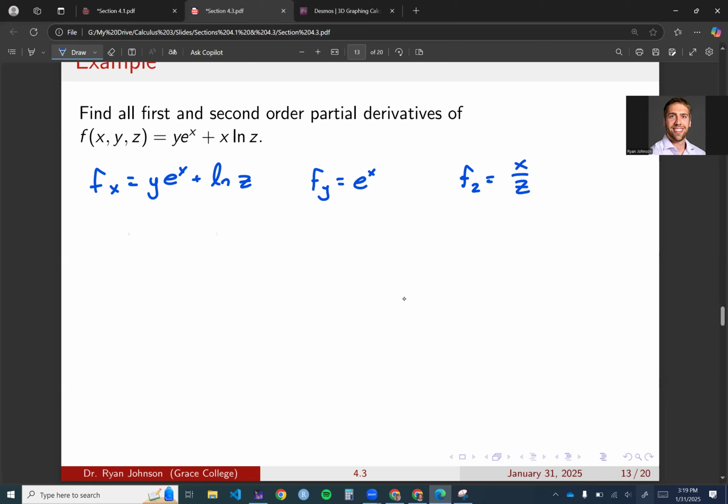Okay. So then if I'm finding f_xy, I could start here and take the y derivative, or I can start here and take the x derivative. Either way, I get e to the x.